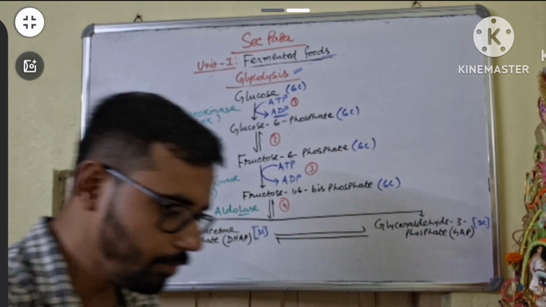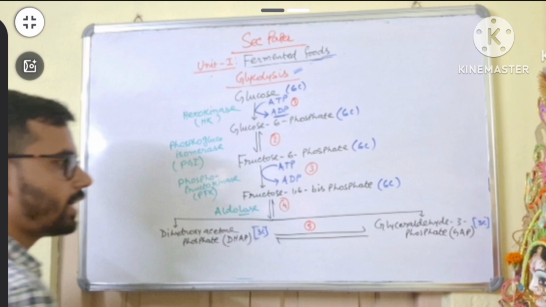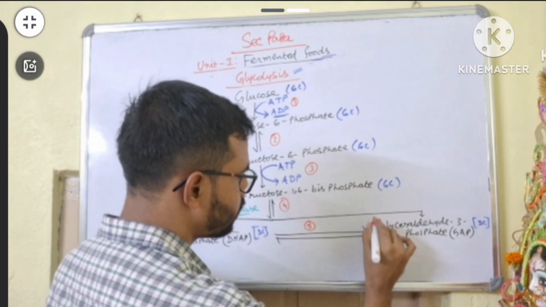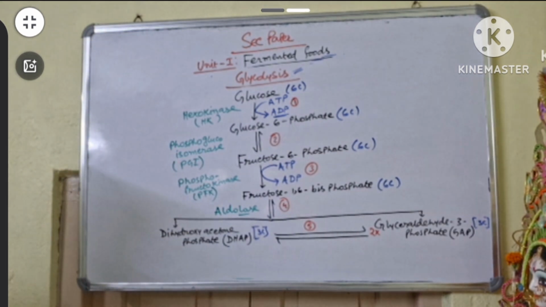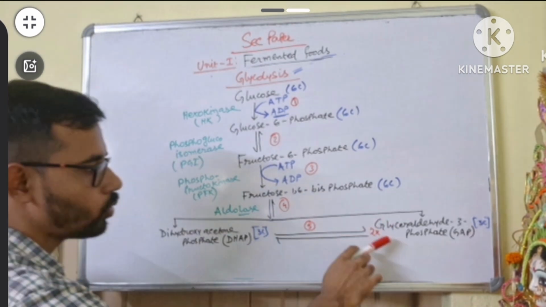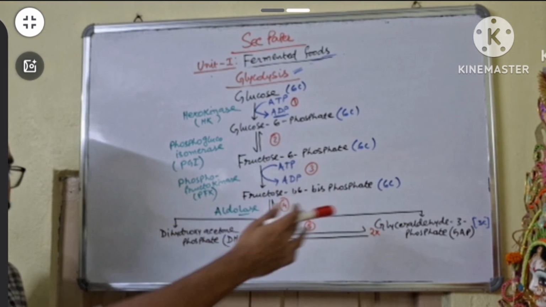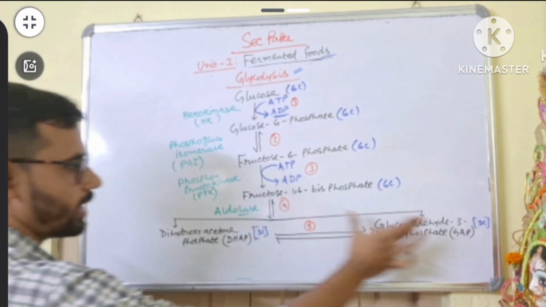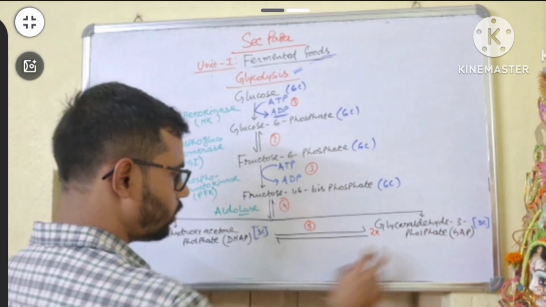And in reaction number 5, the DHAP molecule is converted into a GAP molecule, and now no DHAP is there, and the GAP molecule is converted into 2. So afterwards we write 2x for everything, because it is converted into GAP. This reaction is also an isomerization reaction. This is a ketose sugar, this is an aldose sugar.